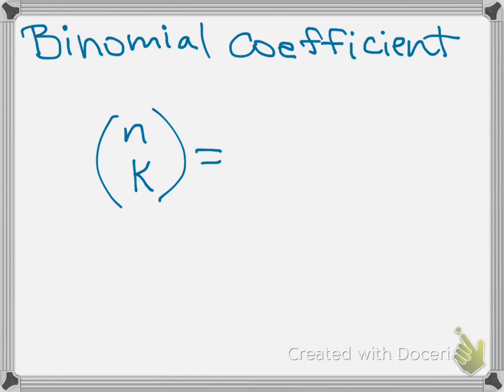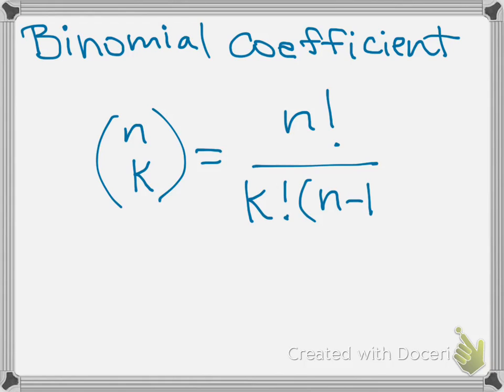So we read this as n choose k, and the formula is n factorial over k factorial times n minus k factorial.